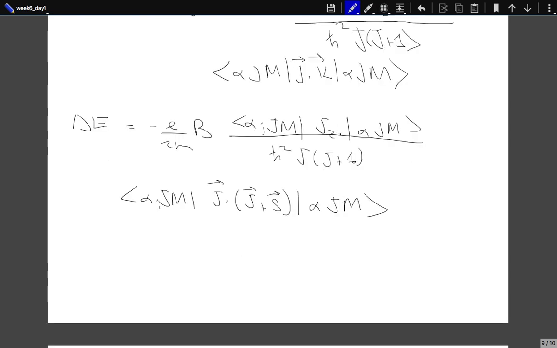I know what this Jz is. So this is equal to minus e over 2m B. Jz acting on this state, you see this state is an eigenstate of Jz with an eigenvalue h bar m. So there I have h bar m. M is not the magnetization, but the z component of the spin of J, divided by h bar squared j plus 1 times this matrix element.